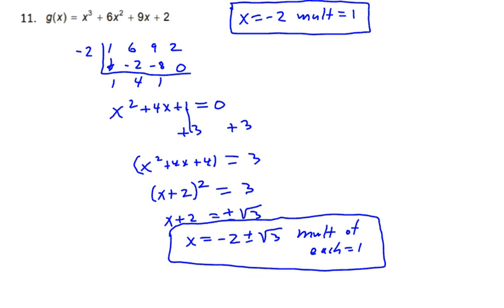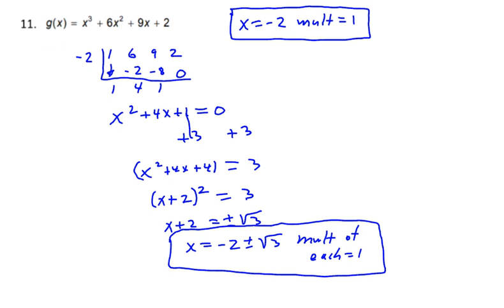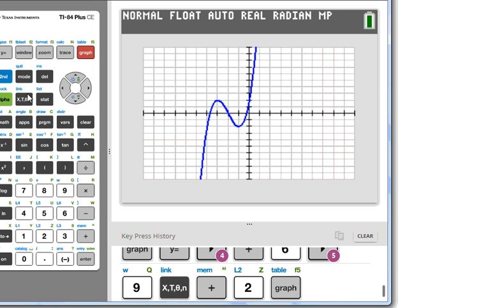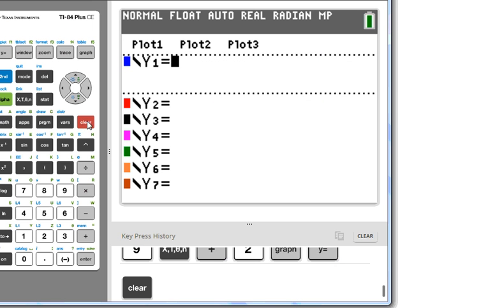Okay, so that's the first page of the way the test was outlined. Let's go on to the second page. Are each of the following roots of the function f(x) is 3x cubed plus 17x squared minus 54x plus 16? And we can go to the calculator, put that in.